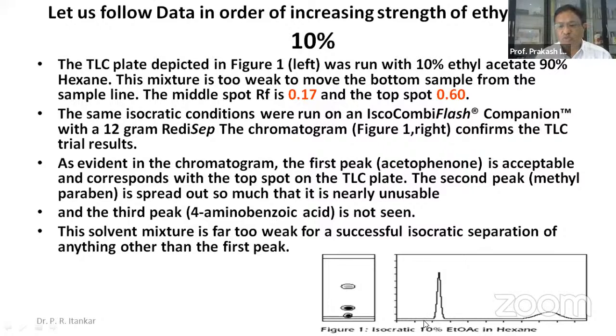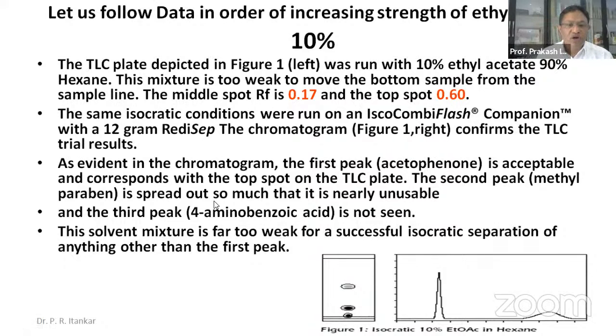Now, ethyl acetate is more polar than hexane, and you can see that the spots we have got are: the top spot with 0.6 RF value, then the middle spot with only 0.17, and the last spot has not moved even from its point of application.